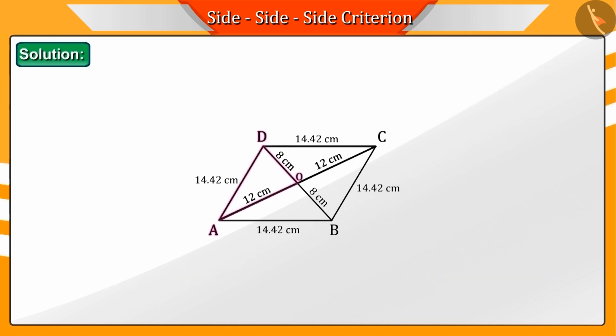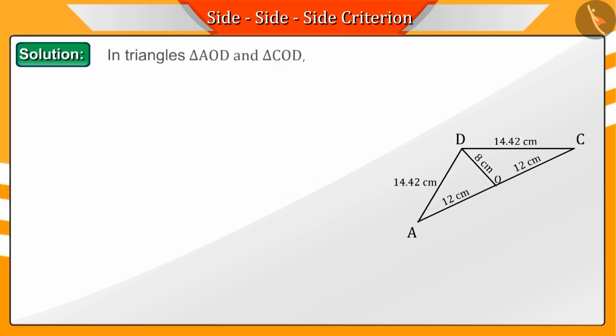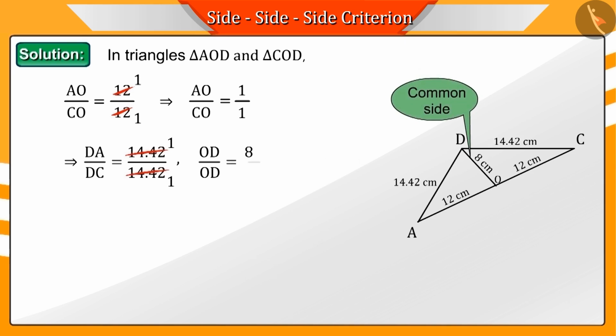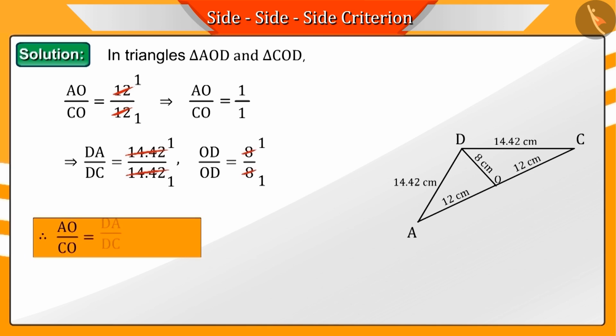Now, if we talk about triangle AOD and triangle COD. The ratio of their corresponding sides are also equal.